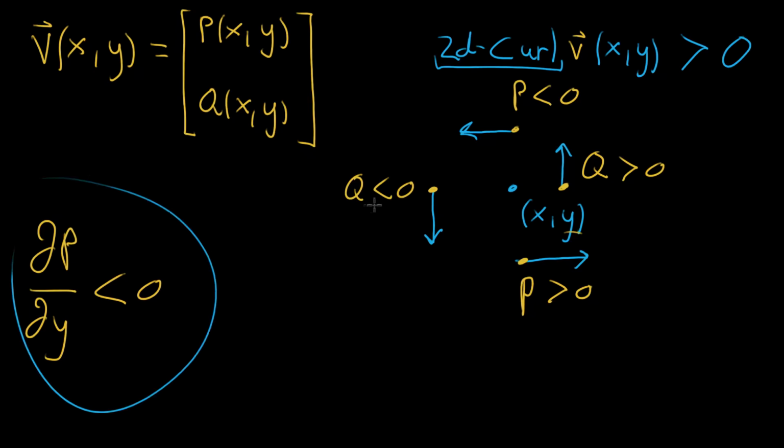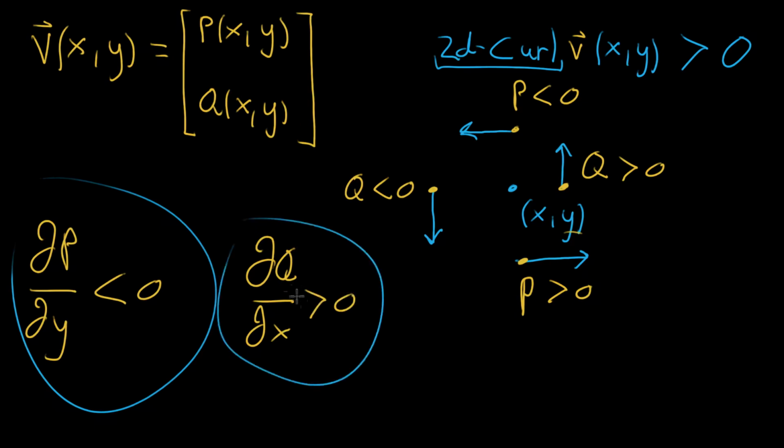Whereas q, let's take a look at q. It starts negative when you're at the left, and then becomes 0, then it becomes positive. So here, as x increases, q increases. So we're expecting that the partial derivative of q with respect to x should be positive. Or at the very least, that situations where the partial derivative of q with respect to x is positive correspond to positive two-dimensional curl. And in fact, it turns out these guys tell us all you need to know.